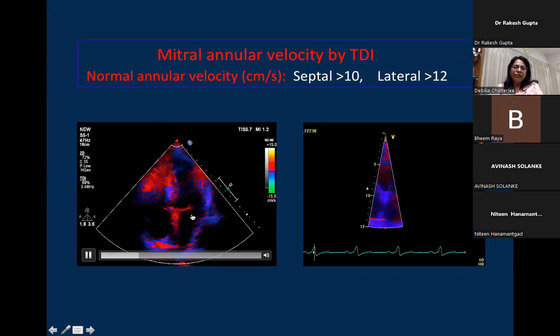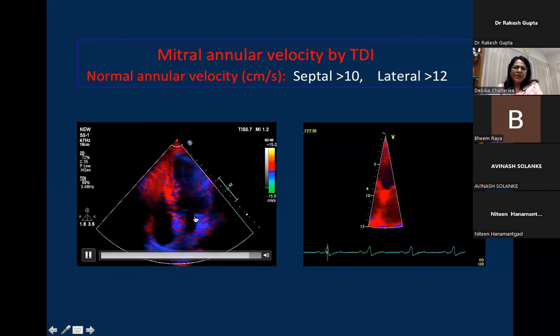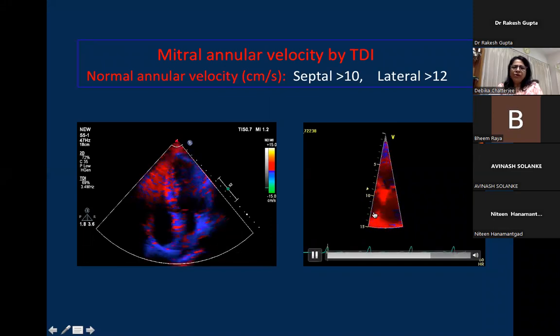And if you look here, see, this is the mitral valve, this is the septal annulus, and this is the lateral annulus. So we will basically measure the velocity of the septal annulus and the lateral annulus. So before placing the sample volume over the annulus, we reduce the sector to increase the frame rate.